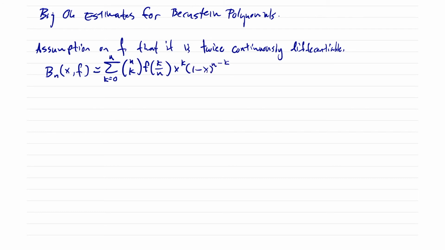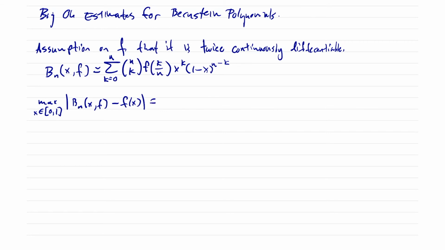Okay. Now, what we're going to do is take a look at this quantity. We want to see the maximum of x inside of not a, b, but 0, 1, because that's where the Bernstein approximation happens. You can rescale your functions to fit in there if you like. So B_n at x of f minus f of x. All right, and so that's what we're looking at.